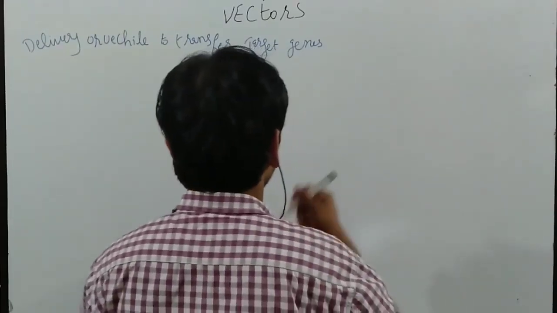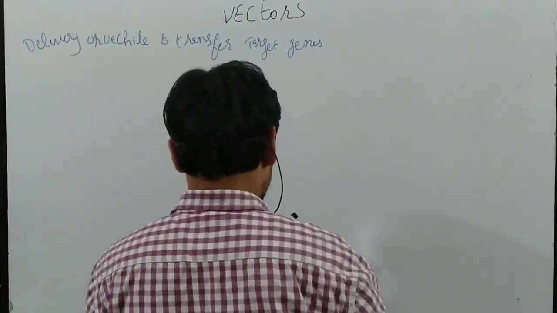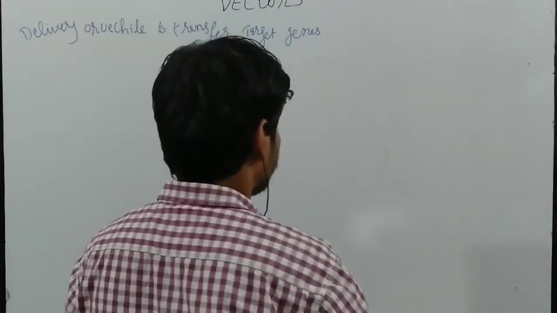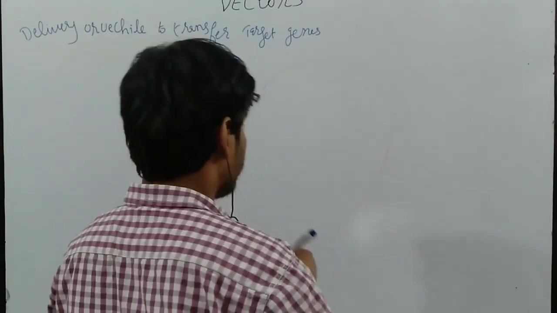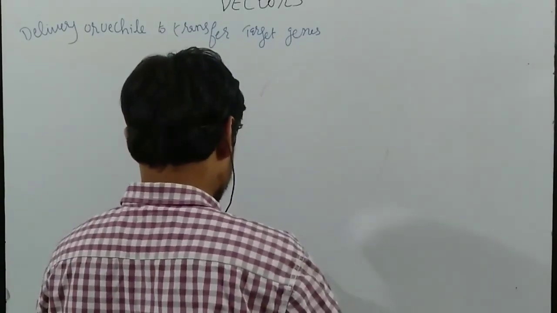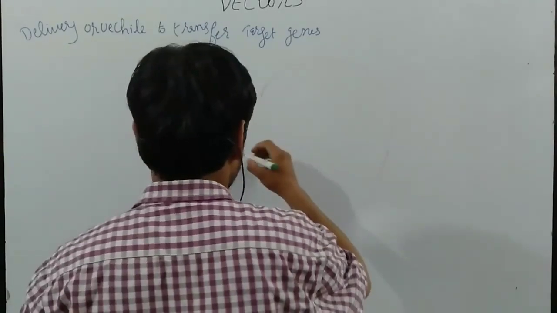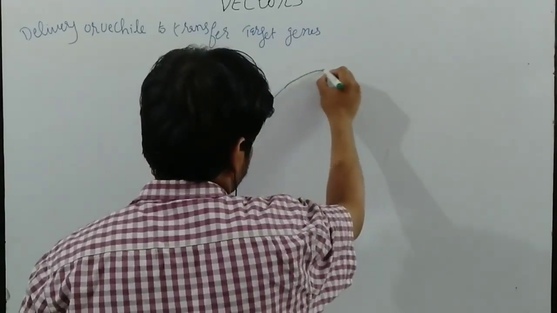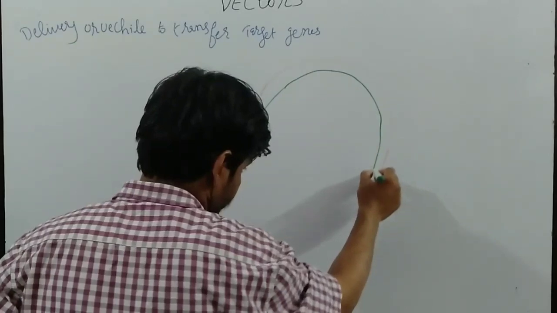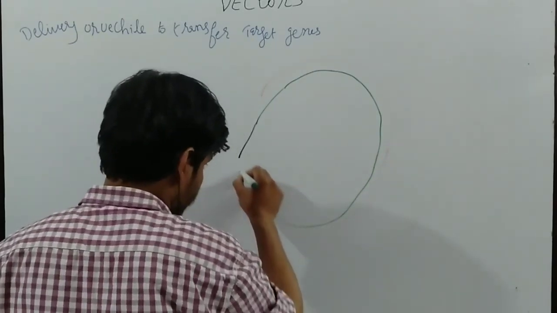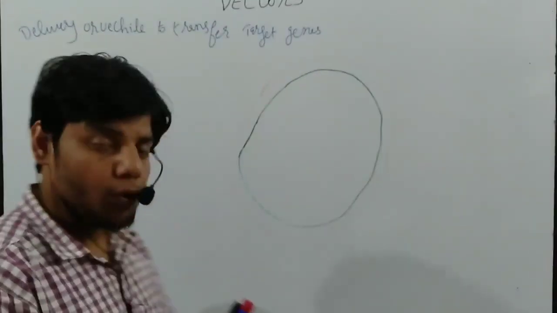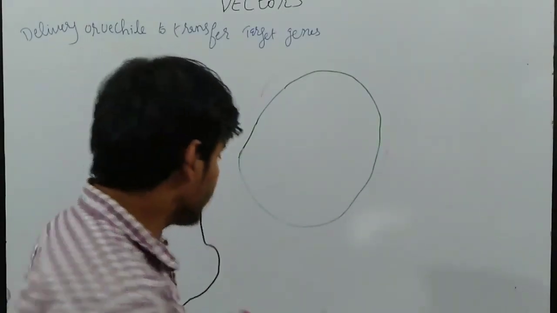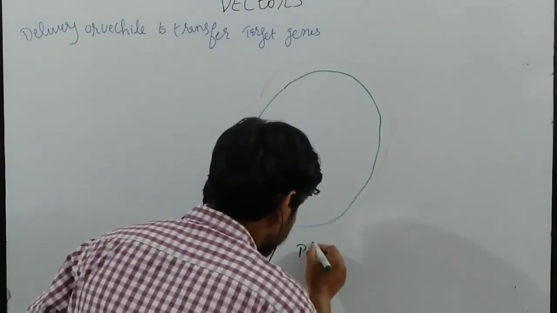As all of you know, vectors are circular in type, and double stranded. Plasmids are circular DNA. Let me write, it is a plasmid.